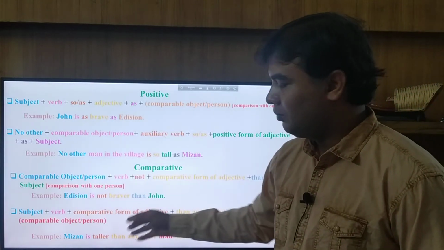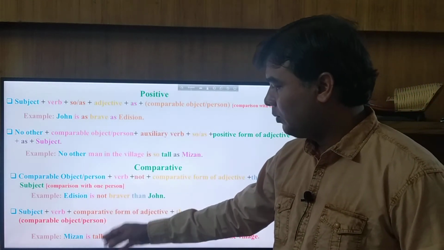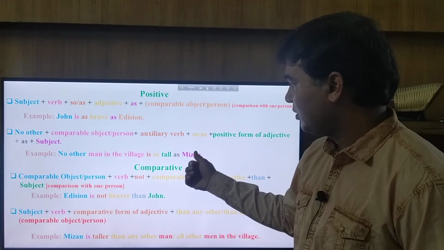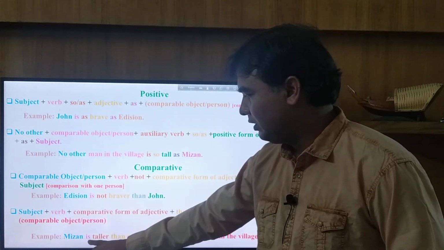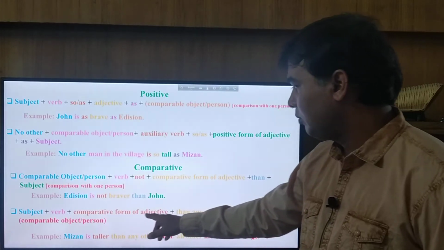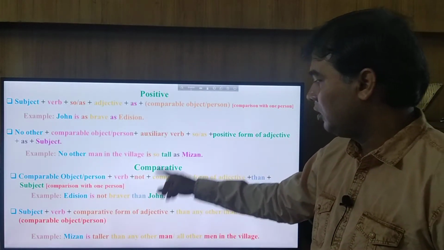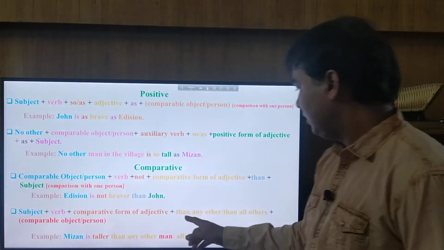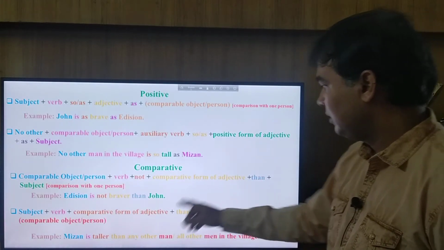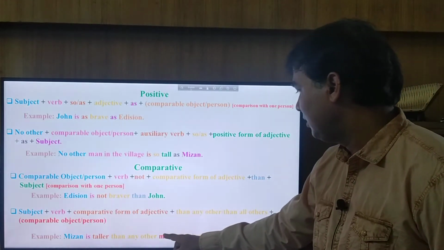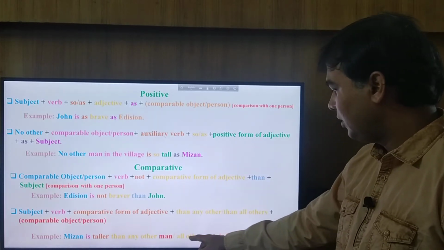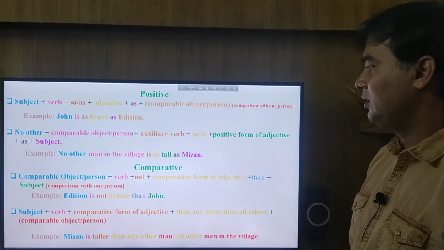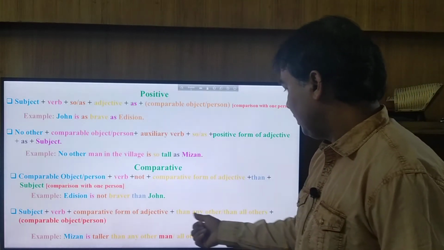Now I am going to convert it into comparative form. First of all, subject Mizan, then verb is, then comparative form of adjective tall, taller, then "than any other" man, or "than all other" men in the village.